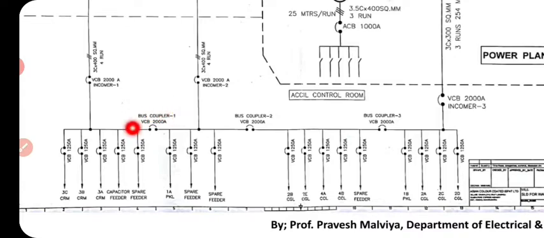The answer is, suppose we are having maintenance work in this section. We will open this circuit breaker and carry on our power distribution and production process in the other sections. So to isolate any affected section, we can open the circuit breaker and the rest can be operated.